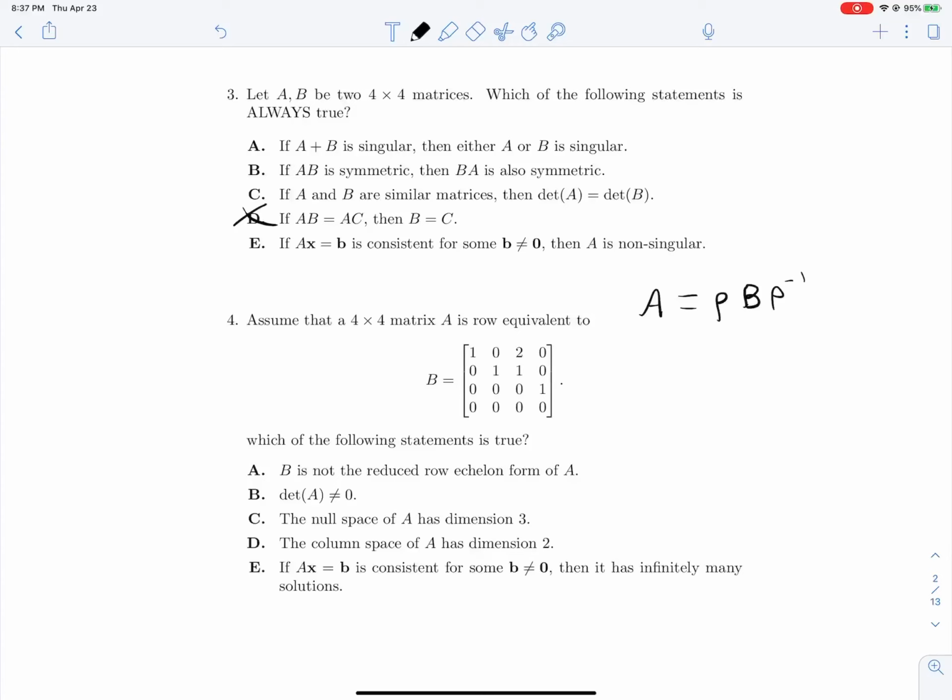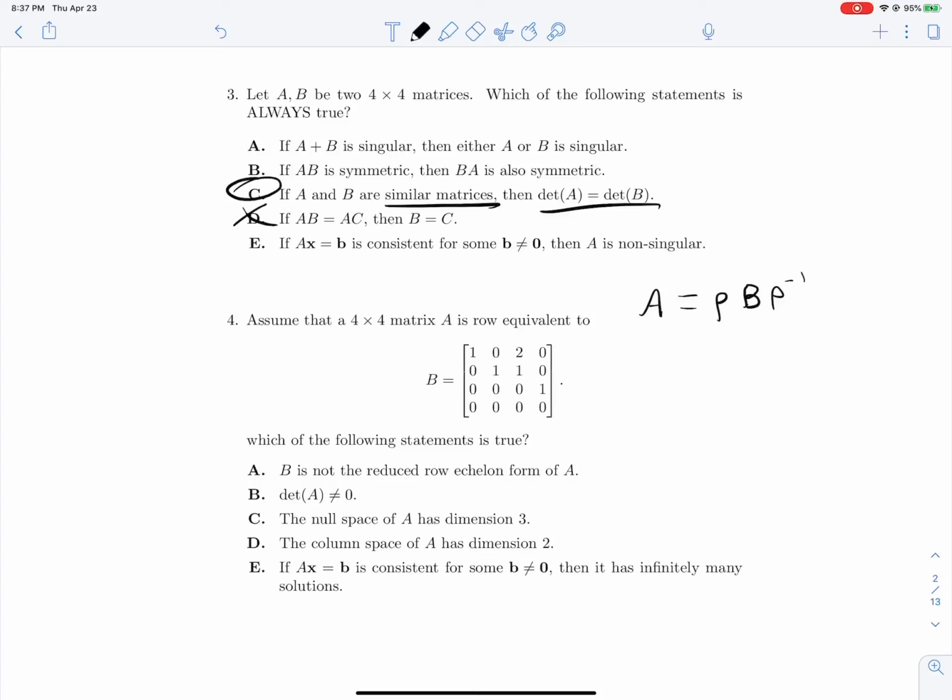And we know that the determinant of this matrix here is the same as the determinant of the diagonal matrix B over here. And we know one of the properties of this kind of diagonalization is that the determinant of this guy is equal to the determinant of that guy. So from other bits of the curriculum, we know that this is true.